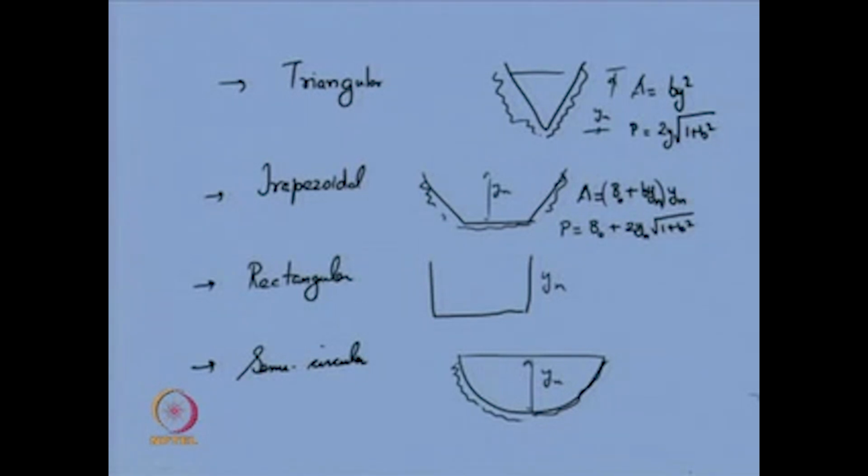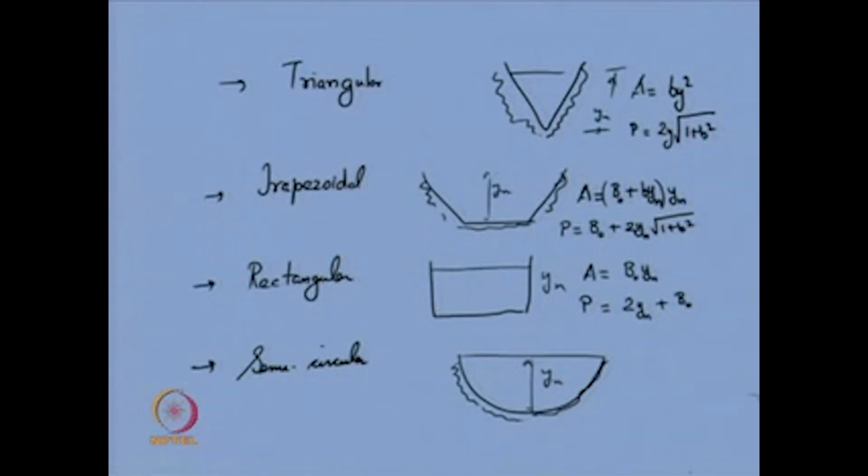In the rectangular section you have already seen earlier, your area is equal to b 0 y n, and your wetted perimeter P is equal to 2 y n plus b 0.